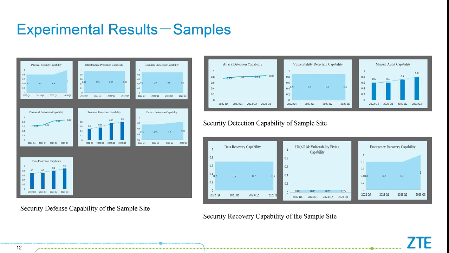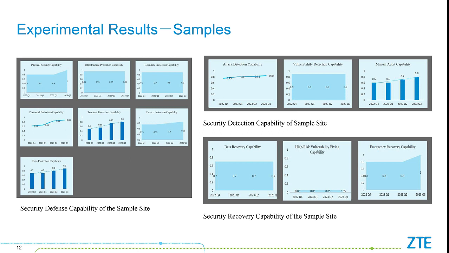To verify the feasibility of the metrics, we sampled a lab network to prove the effectiveness. By using the above-mentioned security measurement model, we derive the figures below. In the first figure, we can see that the physical security capability, the infrastructure protection capability, and boundary protection capability constantly remain at a high level due to the fixed common security defense over years.